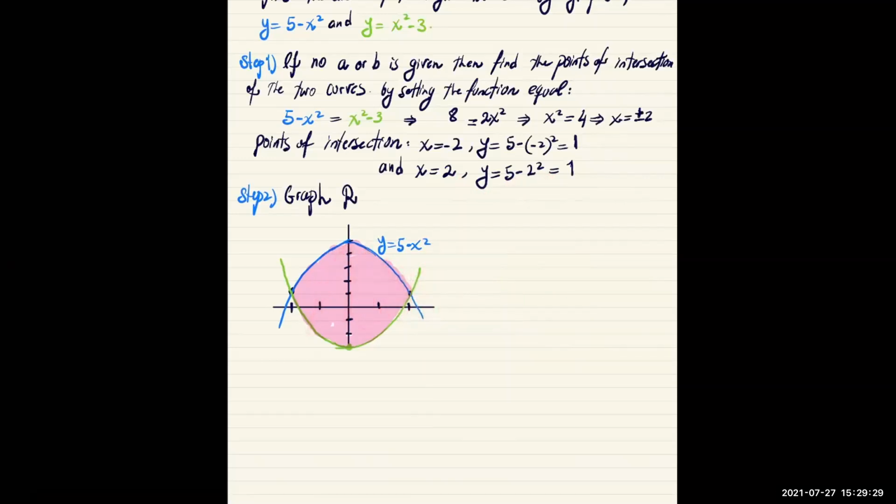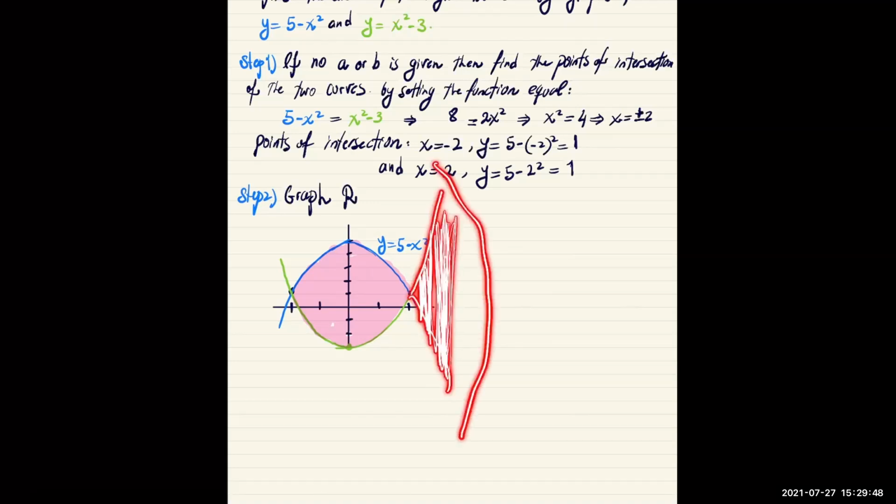A bounded region has boundaries. It's surrounded by curves. So this region is not bounded because there is nothing that bounds this side of the region.